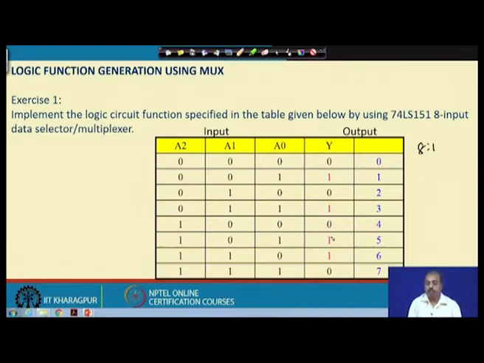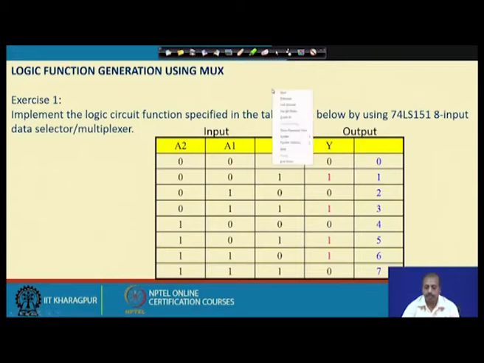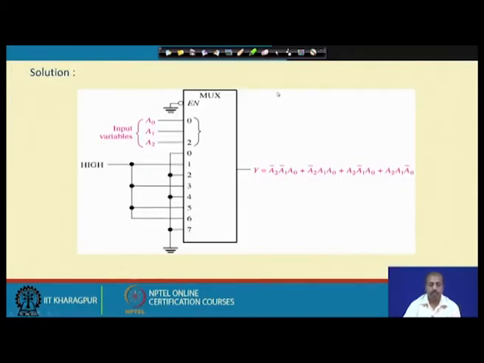What we do first for realizing the circuit is note down the corresponding decimal values of the different min terms. The first min term is 0, second is 1, third is 2, like that. Now, we note down the places where the value is equal to 1, and accordingly we get the circuit. Here you see that this function can be realized like this.